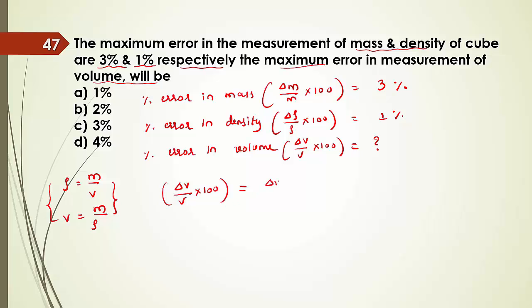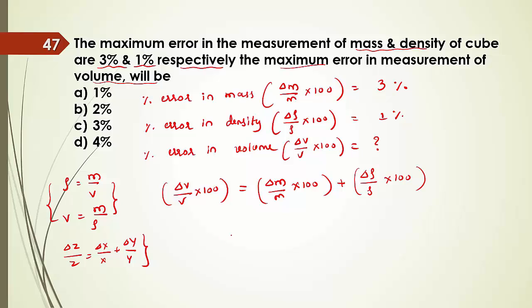You can remember error in division: delta Z over Z equals delta X over X plus delta Y over Y. So delta M over M into 100 plus delta rho over rho into 100.